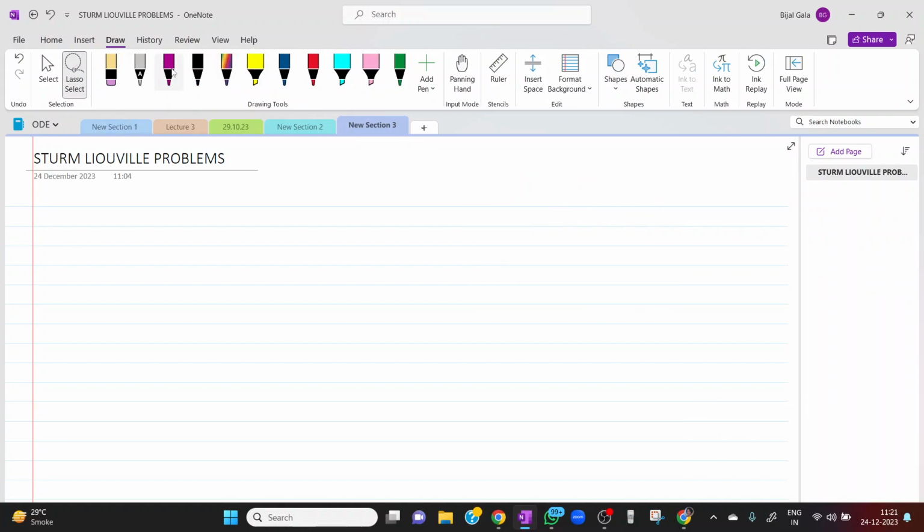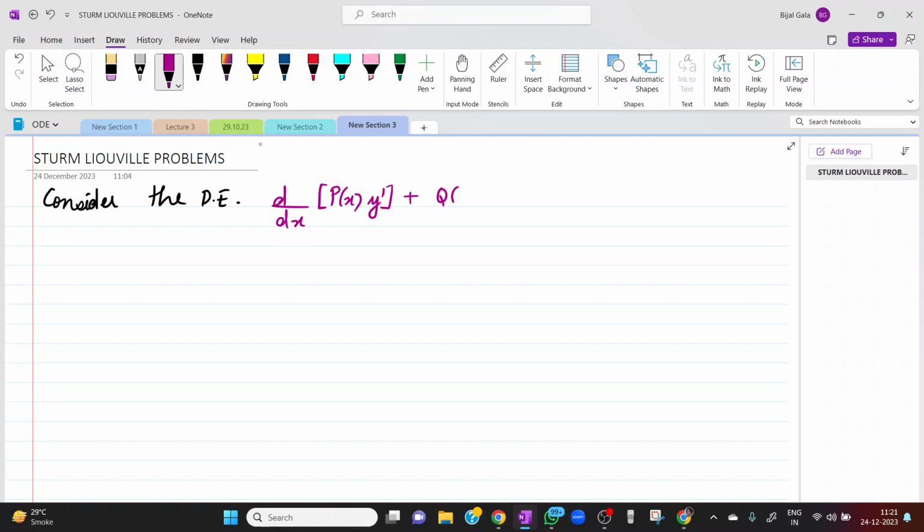We'll start by considering the differential equation of the form d by dx of p of x y dash, plus q of x plus lambda times r of x, into y, equals 0. I'll call this equation number 1.